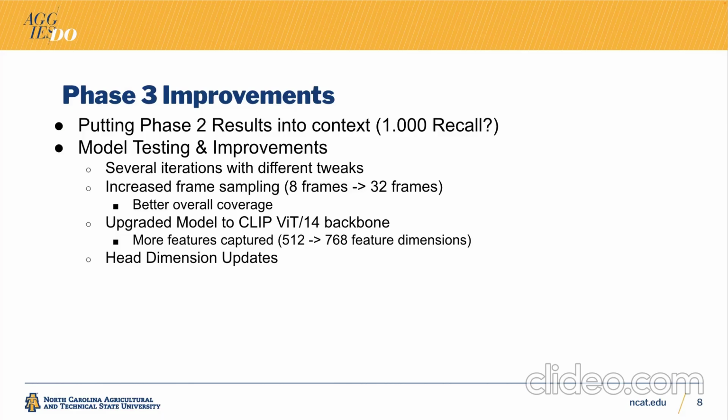We increased the frame sampling from 8 frames to 32 frames to help with that overfitting and get better overall coverage. Then we swapped out the CLIP ViT-B backbone for a ViT-16 backbone, so more features were captured through those updates.